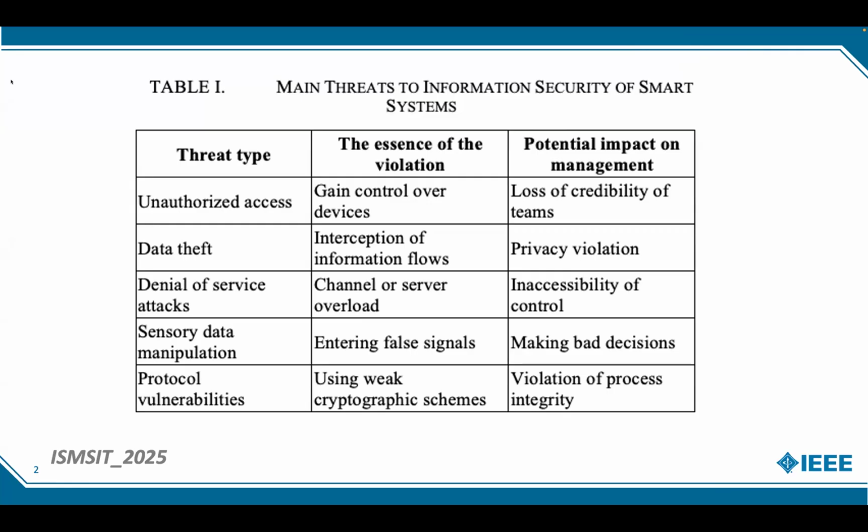The third concept is remote automated management. Another essential principle is continuity of management process. Smart technologies cannot tolerate interruptions, as downtime may result in substantial losses in sectors such as finance and healthcare.